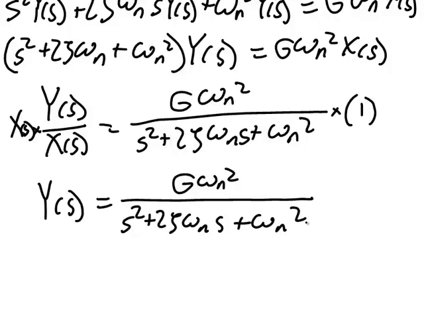Now, to find the time signal represented by this, we have to use a process called the inverse Laplace, which we will be learning later on. For now, we'll be seeing in class how we can use this transfer function to find the output for any given input. We can use MATLAB to do the inverse Laplace of this equation in order to give us back the value for y of t.